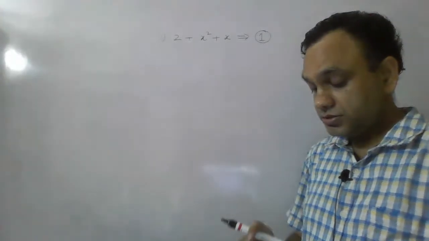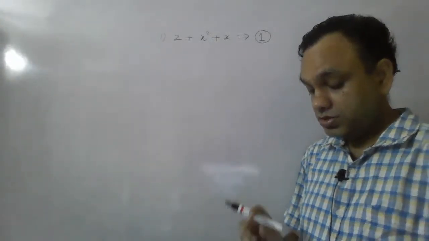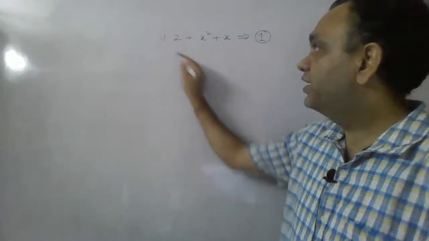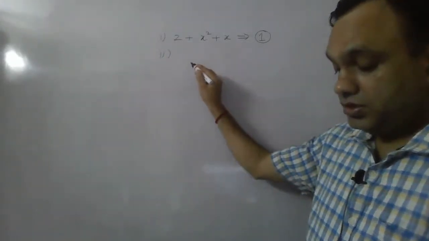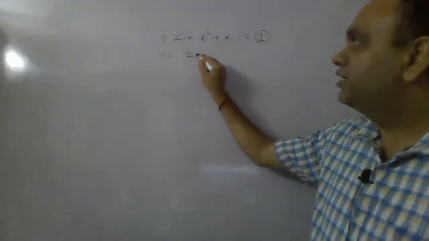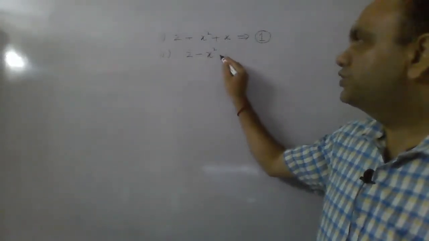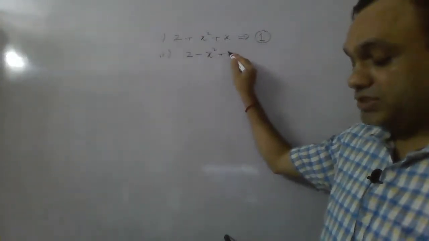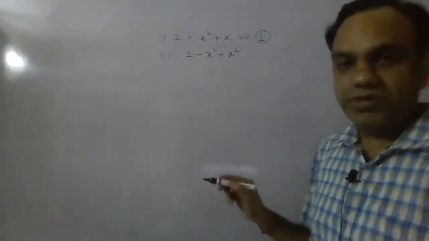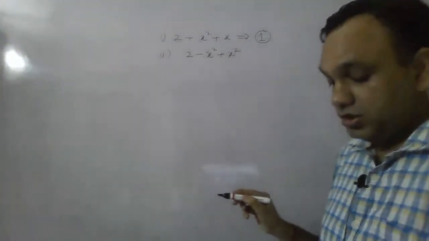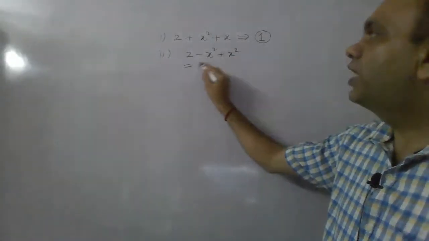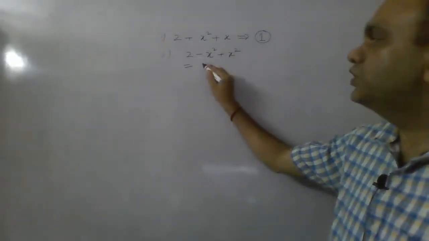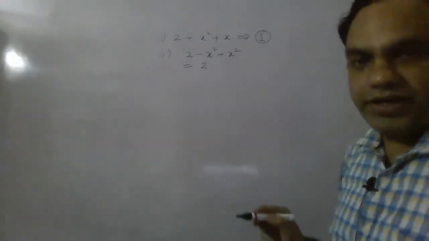Next is, if it is written correctly, because your picture is a bit blurred here, I feel that it is written this way: 2 raised to minus x square plus x square. Let's assume both of them are x square only. If it is correct, then minus x square plus x square is 0. So here you will find 2 only, right?